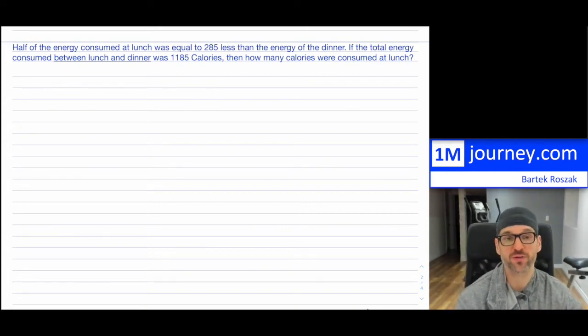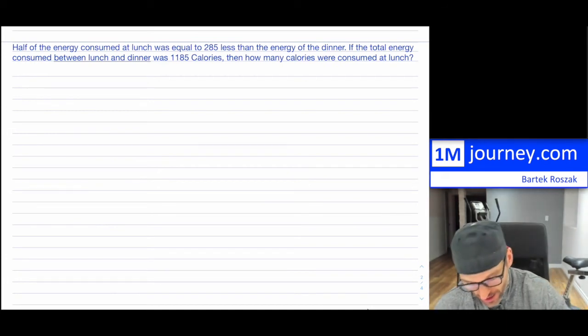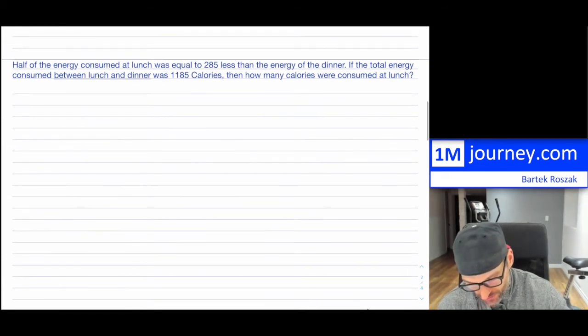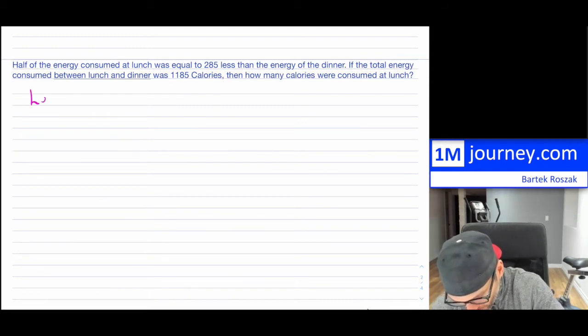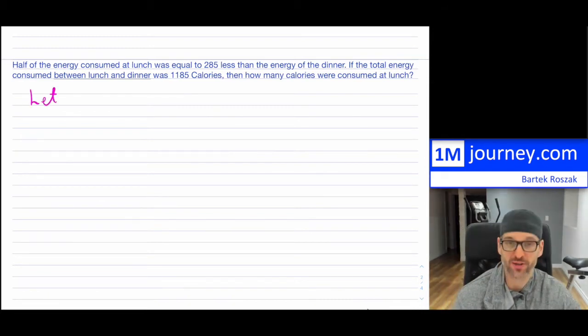So we're going to be solving for lunch. Now, as you start this, technically, sometimes teachers will ask you to say, let, and then define your variables. So now we have basically energy at lunch and energy at dinner. So how many calories they have. So we're solving for energy.